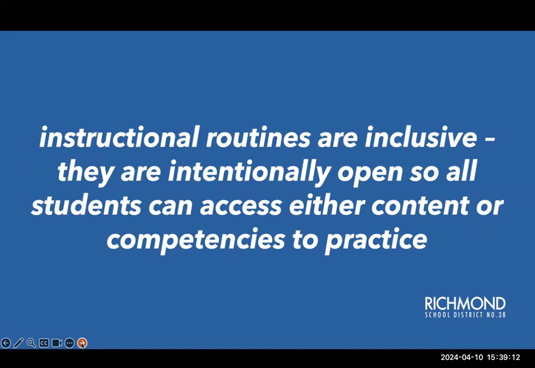Instructional routines are also inclusive. They are one of those low floor, high ceiling kinds of tasks where there's access points for all students in the class. And as the teacher, you're designing the numbers or the questions that you choose so all students can access at least the initial question or one of the questions in the routine.